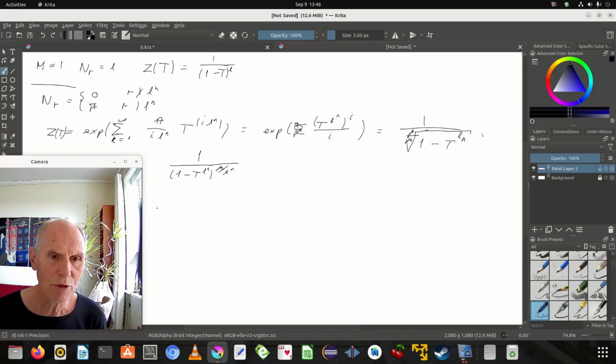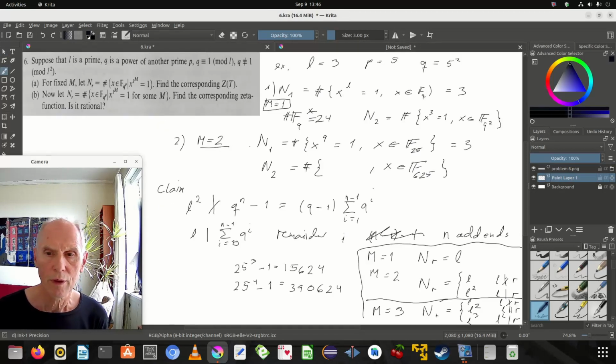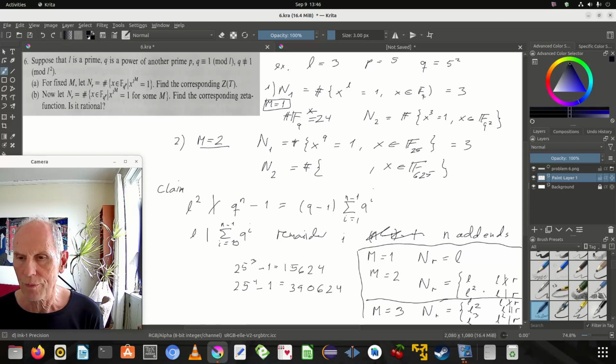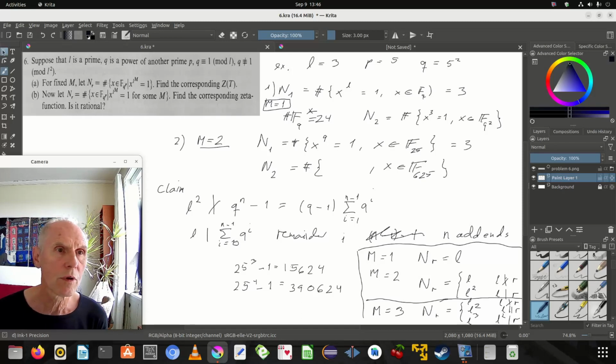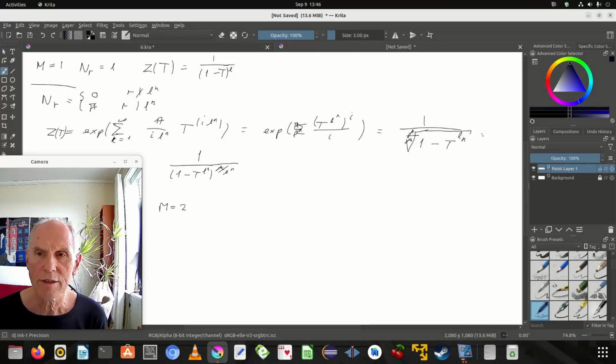So let's try m equals 2 now. We have to add L squared minus L when L to the first divides R. That means that A is L squared minus L. We take the first one, and then we add, and A was L squared.